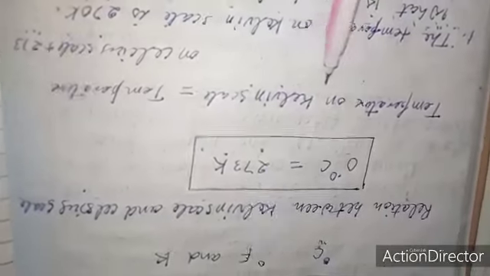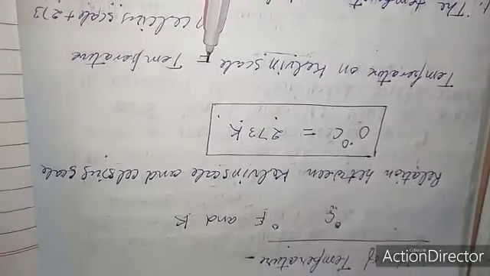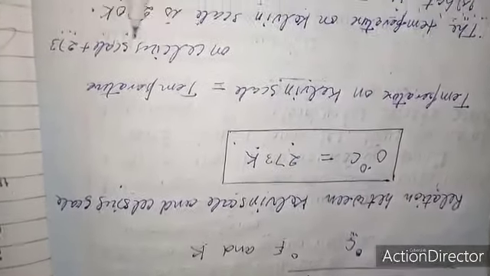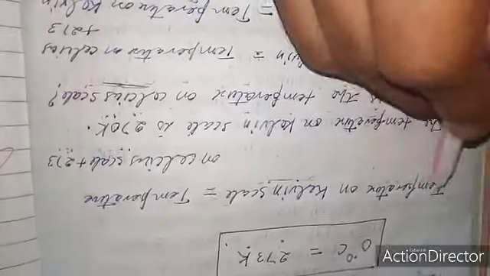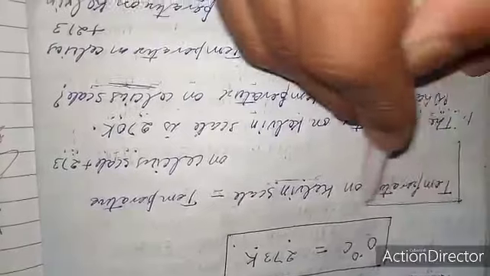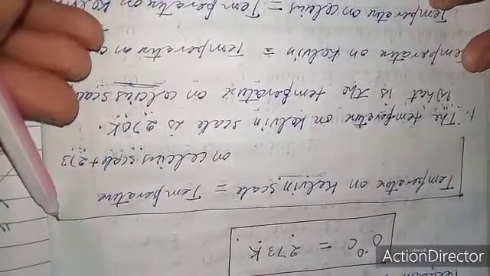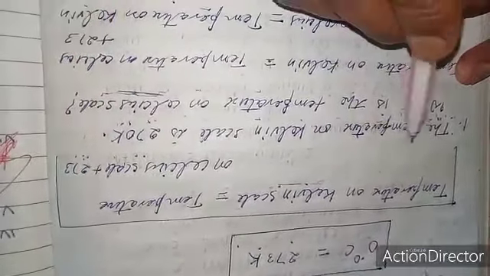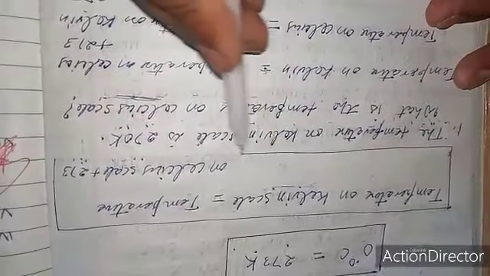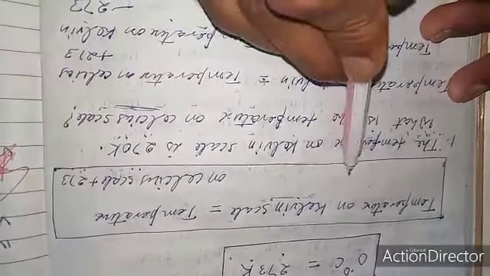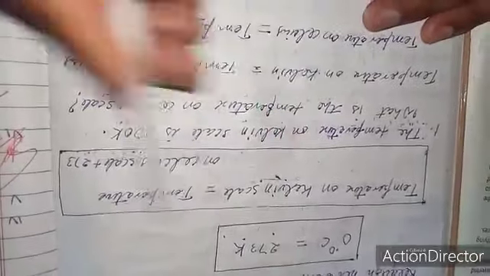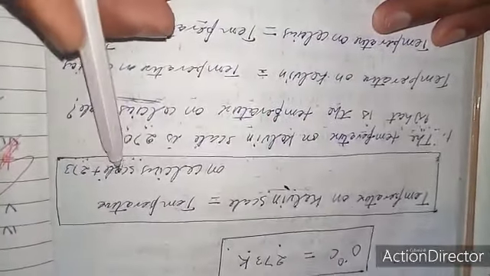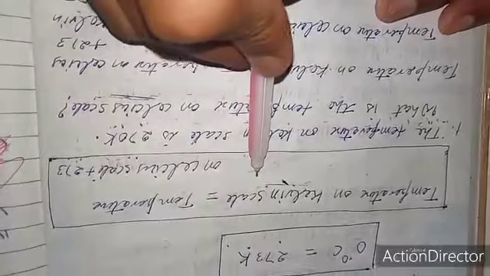That is, temperature on the Kelvin scale is equal to temperature on the Celsius scale plus 273. You add 273 to Celsius to get the temperature on the Kelvin scale. This is the formula to convert the Kelvin scale into the Celsius scale and the Celsius scale into Kelvin.